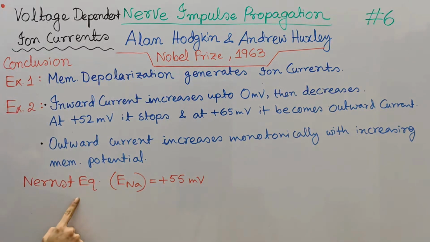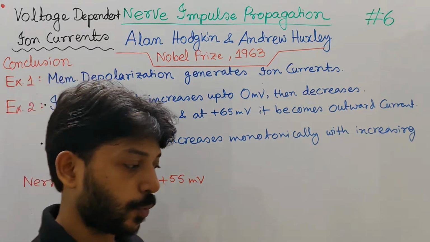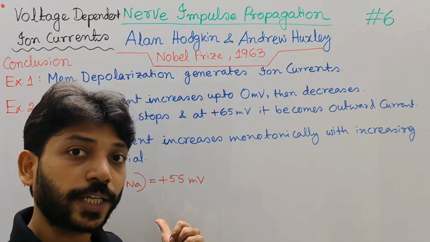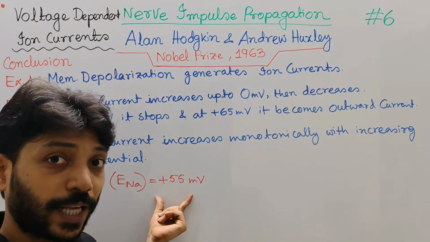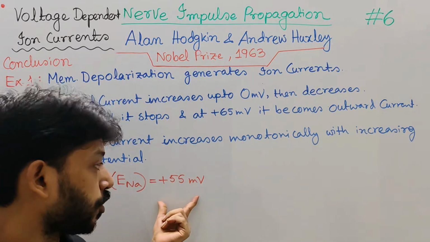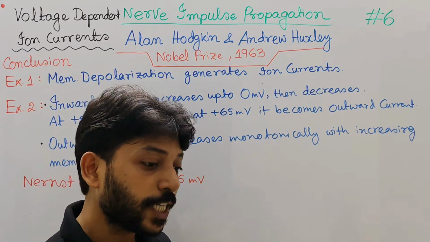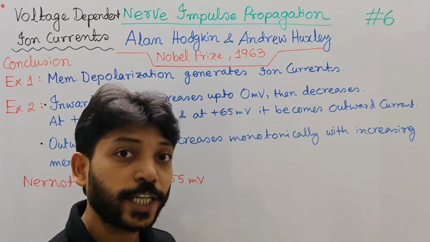They calculated the Nernst equation and got ENa, that means the equilibrium potential for sodium. Now what is ENa or equilibrium potential? This potential value is approximately plus 55 millivolt. Mathematically you can get this value. So at plus 50 to 55 millivolt, the sodium ions will not show any net movement.